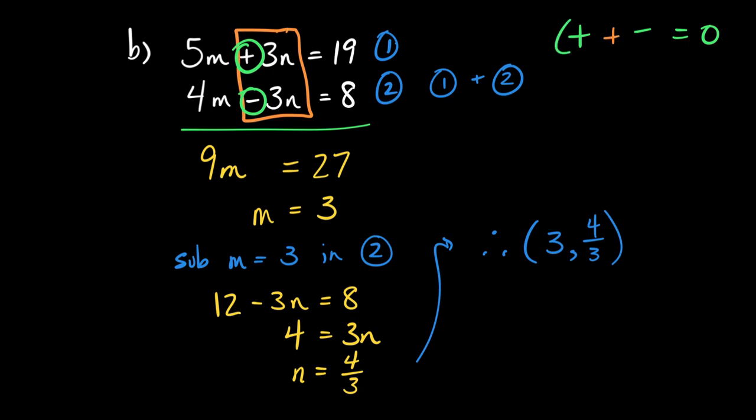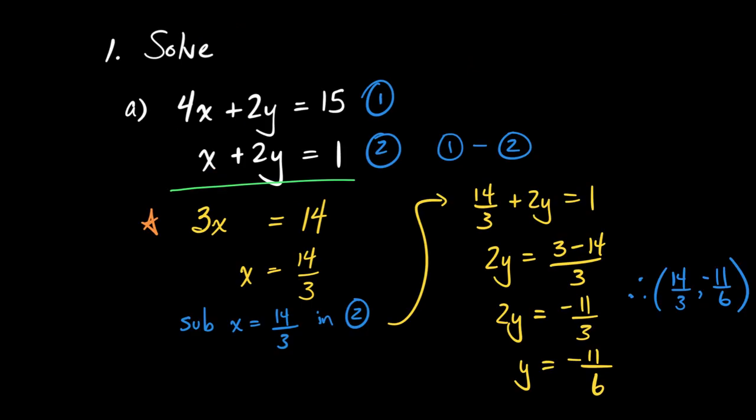So a positive value added to its opposite, the negative value, will cancel out and give me 0. So some way that people tend to think about it is if I have different signs, then I know I'm going to add.